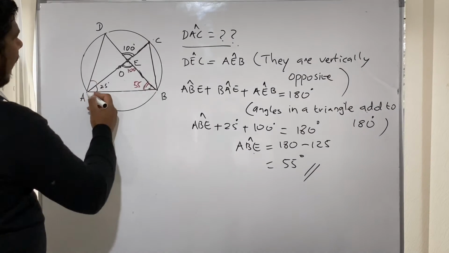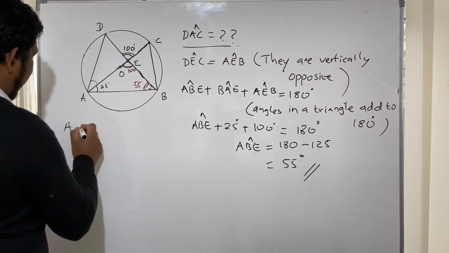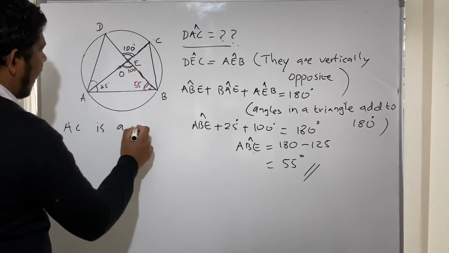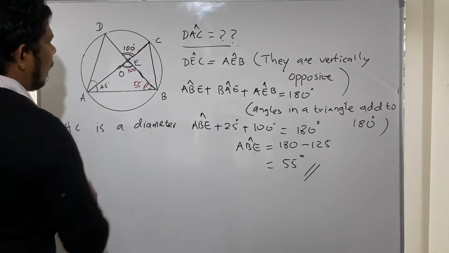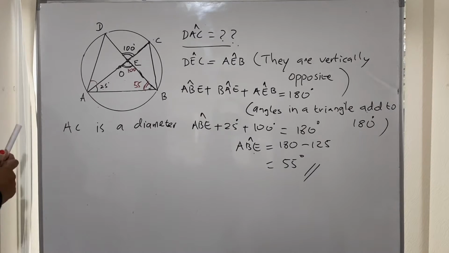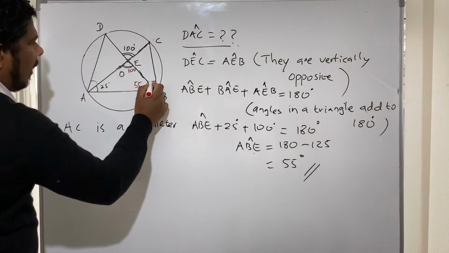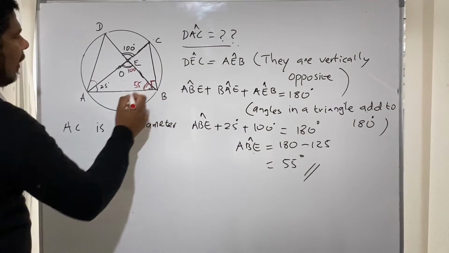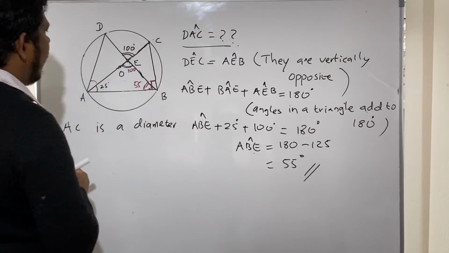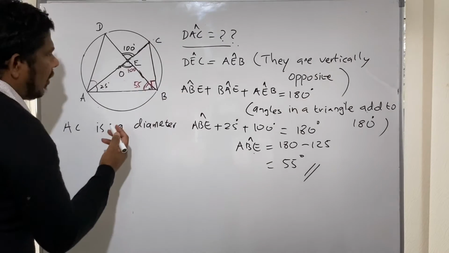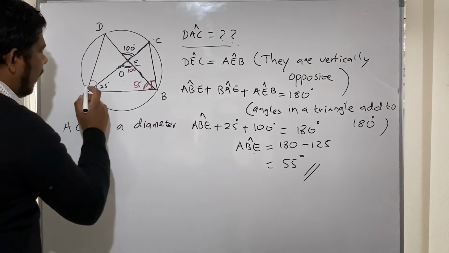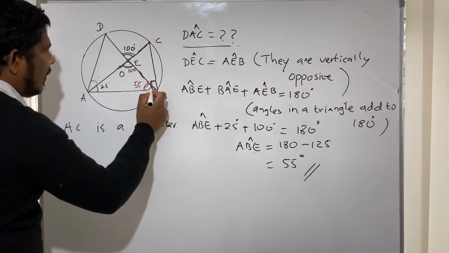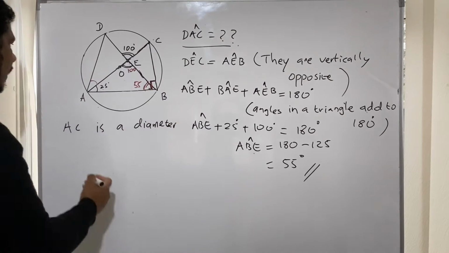And you know this AC is a diameter. Therefore, this angle is a right angle, 90 degrees, because as per the circle theorem, angles in a semicircle are 90 degrees.